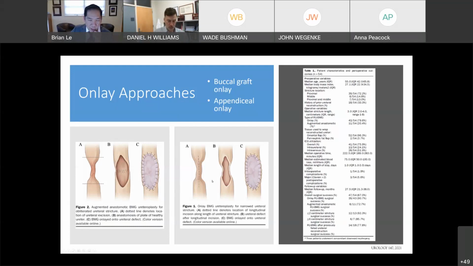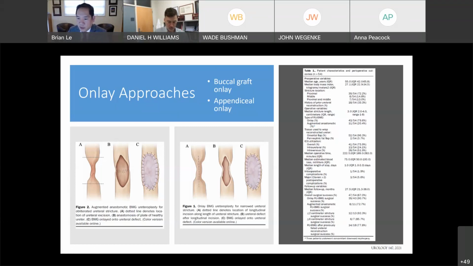And then you have an onlay, where you don't cut out any segment, and you use a buccal mucosa graft. This is the same consortium, the Chorus Collaborative, talking about their results and perioperative outcomes with the buccal mucosa graft.